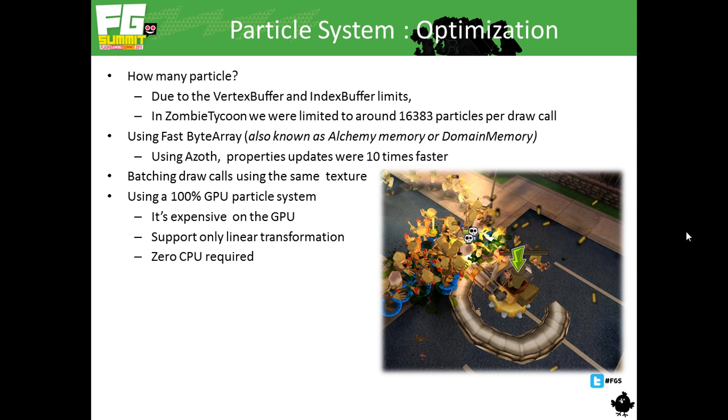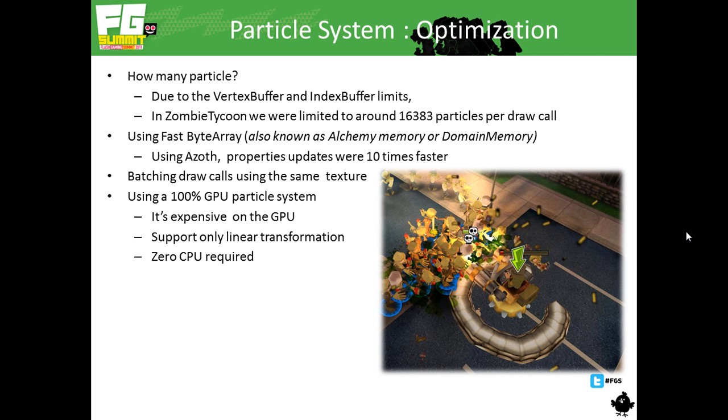So using the spawn time and the current time, you can always say, okay, what position am I supposed to be at, the color, transparency, the fade out, and everything that can be defined as a linear transformation over time can be used in a full GPU particle system.